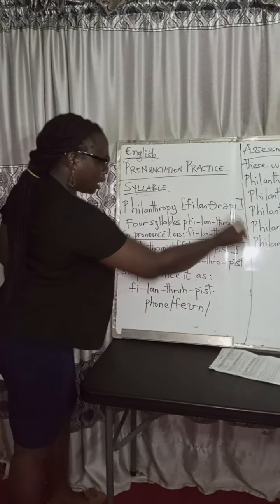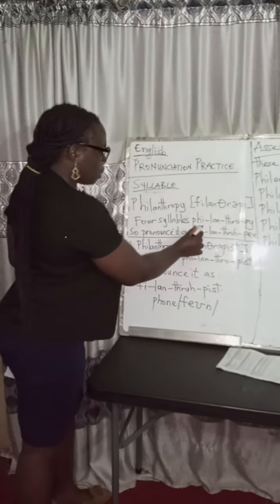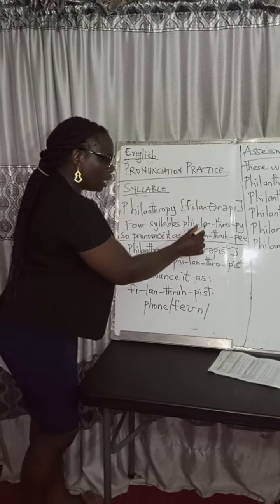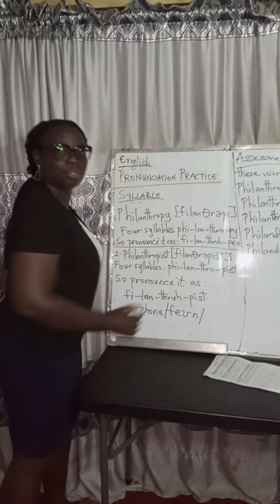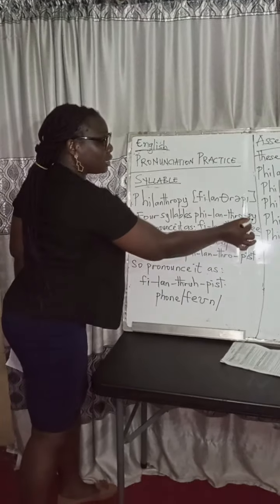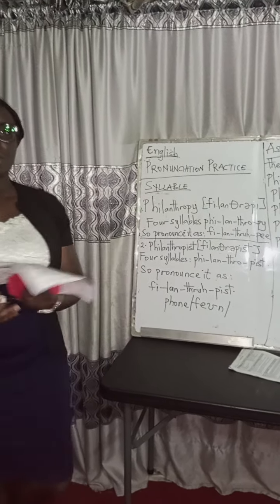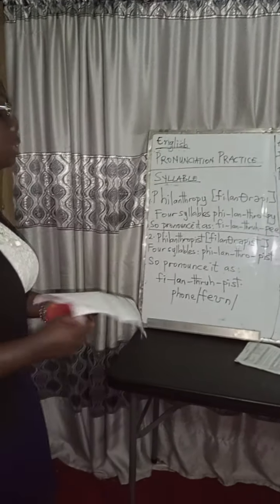It has four syllables. Now see our vowel sounds: the first syllable, second syllable, third. Even this Y here serves as a vowel sound. So syllable is a unit of pronunciation having one vowel sound with or without surrounding consonant sounds.